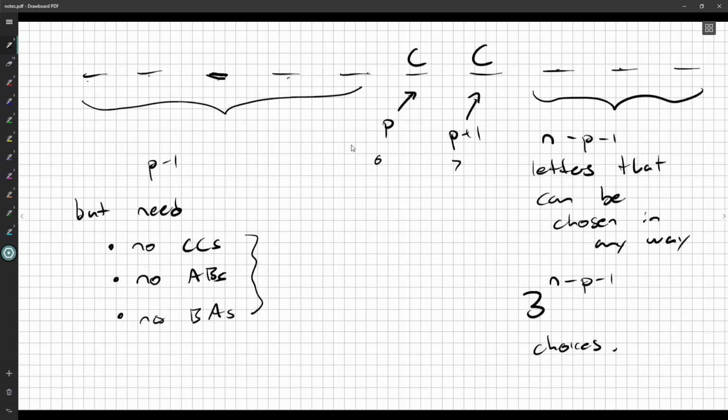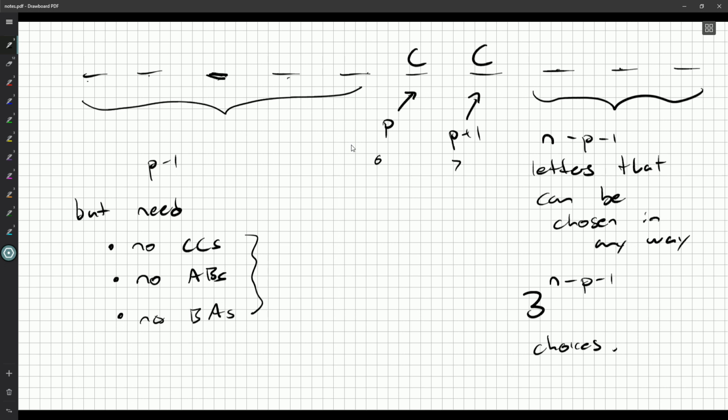So we could maybe try to do what we did in B part and count the number of strings, in this case strings of length P minus 1, that don't contain an AB or a BA. I mean, we were fine doing that when it came to counting the number that don't contain a CC, so that's certainly possible.